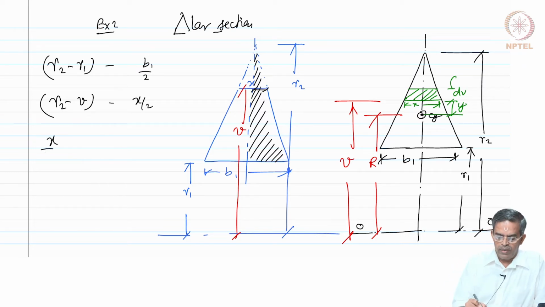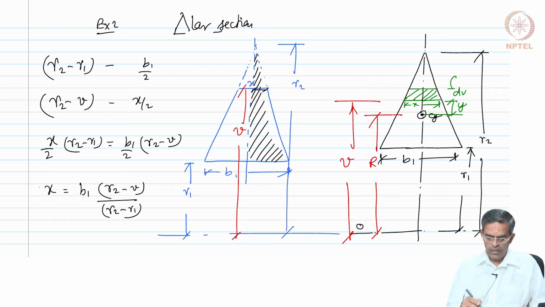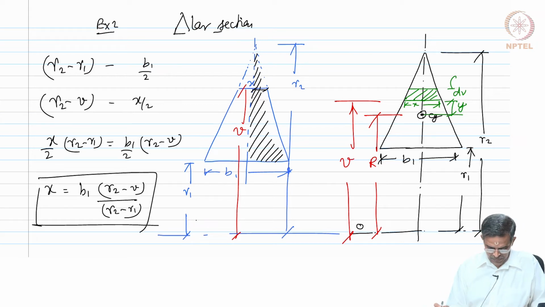So, now x by 2 into R2 minus R1 is B1 by 2 into R2 minus V. So, can I say x as B1 times of R2 minus V by R2 minus R1? Okay, that is my x.